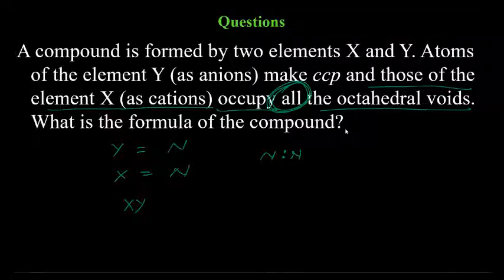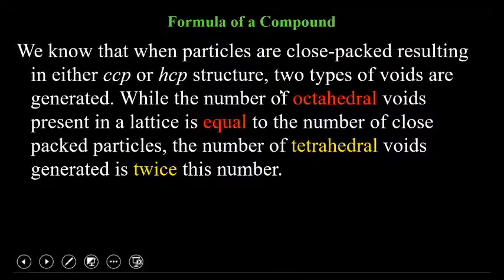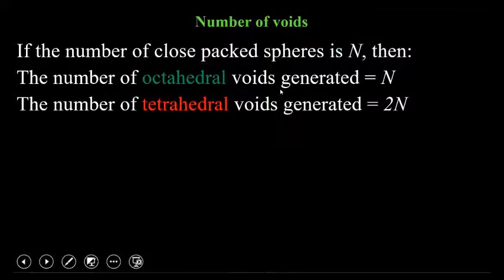Is that clear to everyone? How we found the atoms of X? Because atoms of X are in octahedral voids, we said it will be the same number. Okay, so just to explain, I'm going back to the concept. Is this clear what I said?